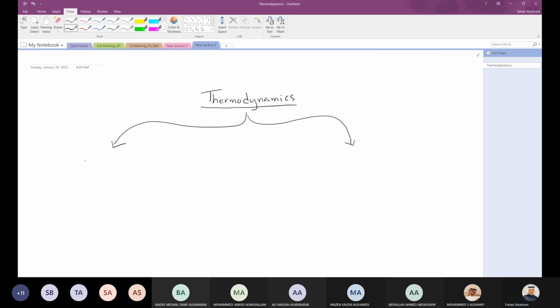So the first view of thermodynamics is what we call classical thermodynamics. Okay. And the other view is what we call statistical thermodynamics.